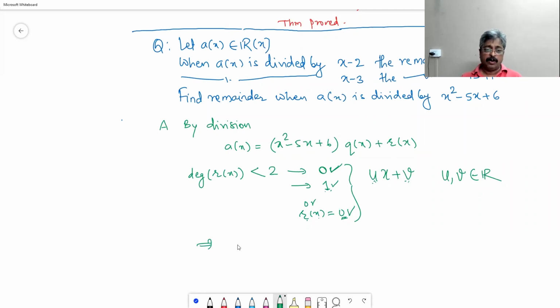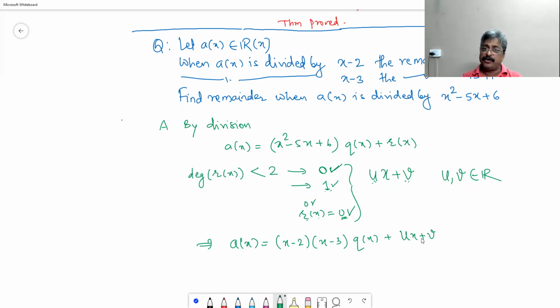So what happens now? A of x is equal to, this gets factorized. What are the factors? x minus 2, x minus 3 into q of x plus u x plus v. Okay. Now this is the work which we have done by reading the last sentence of the question. Last sentence we are using so far. Now we have been given some information.